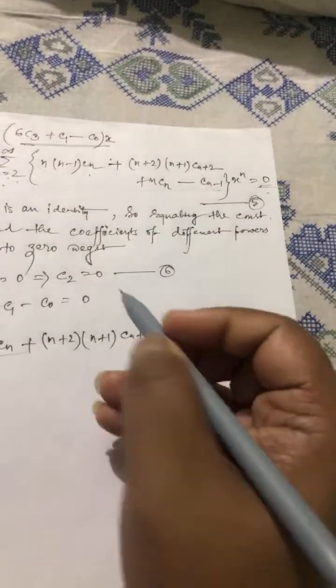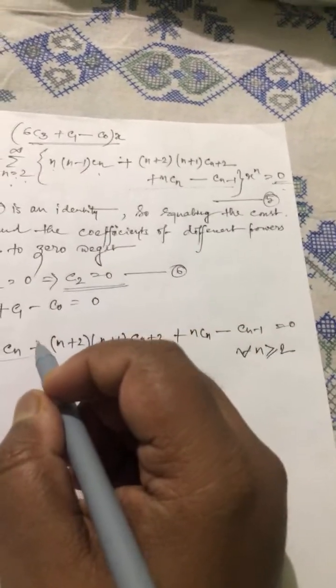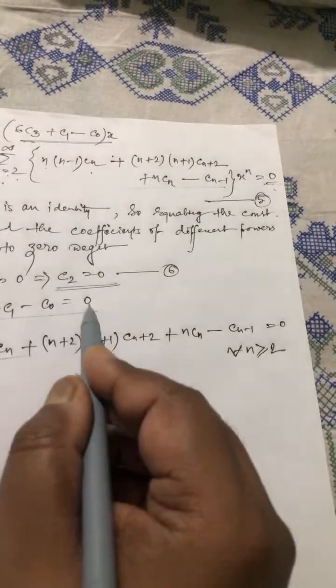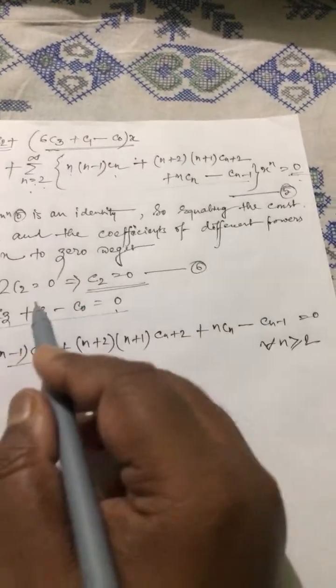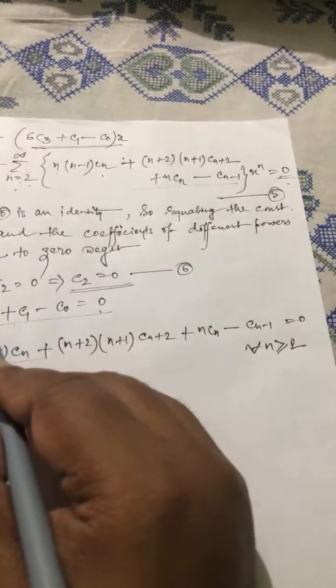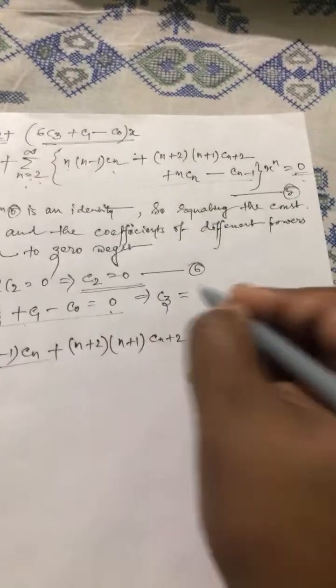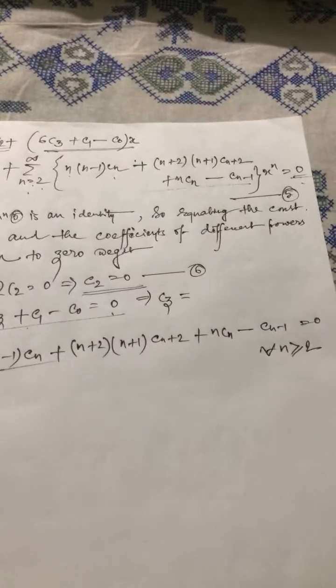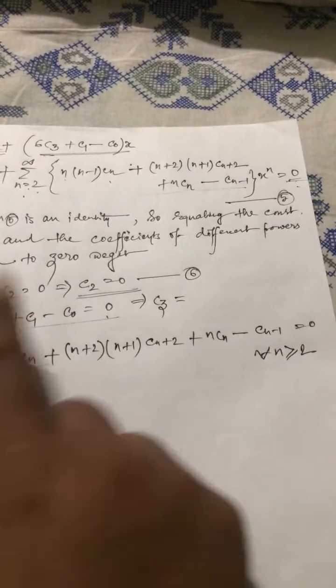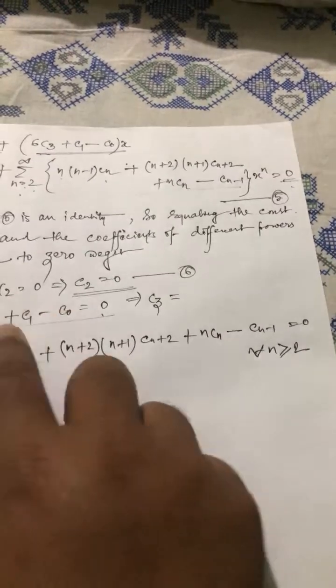Okay, so c2 is already 0. Now from the second relation, that is the coefficient of x, try to identify the constant c3 in terms of c0 and c1. So two constants should be independent and other constants should be expressed in terms of these first two constants.